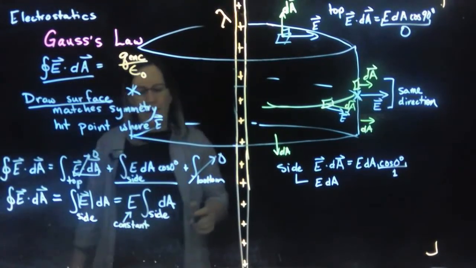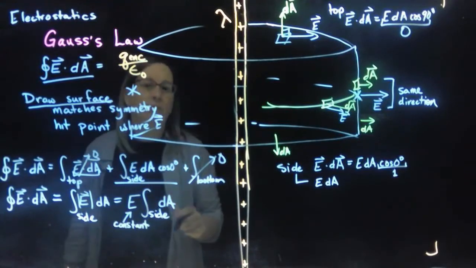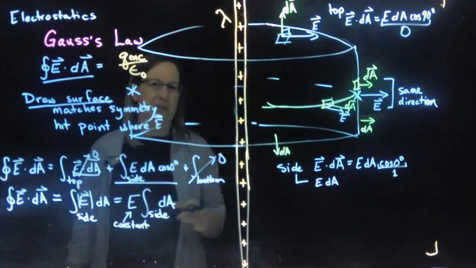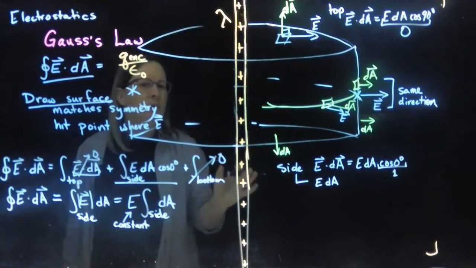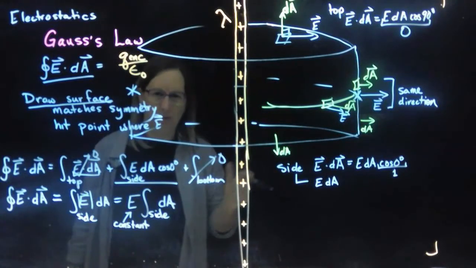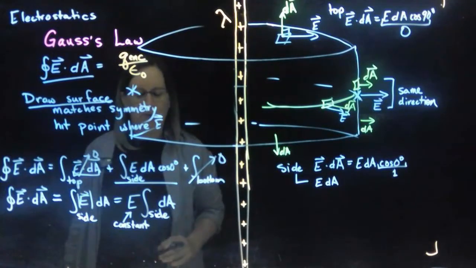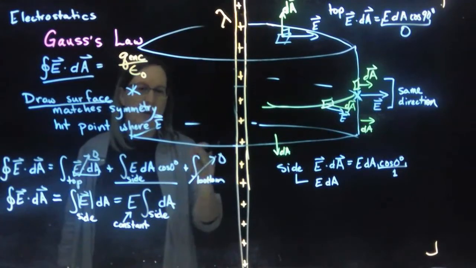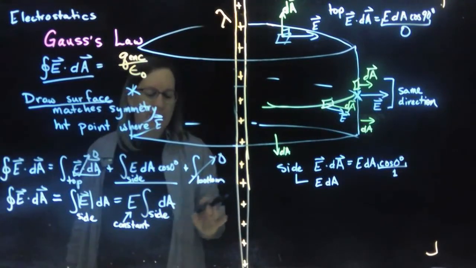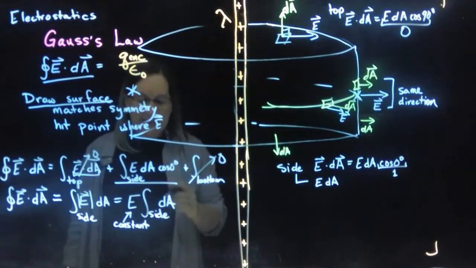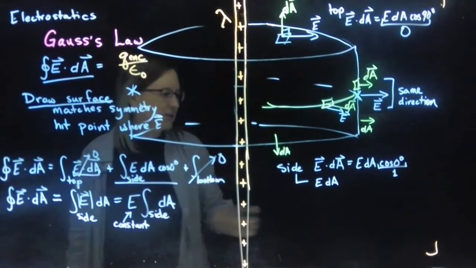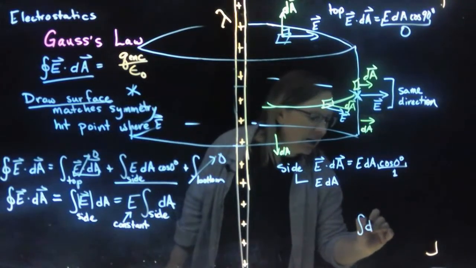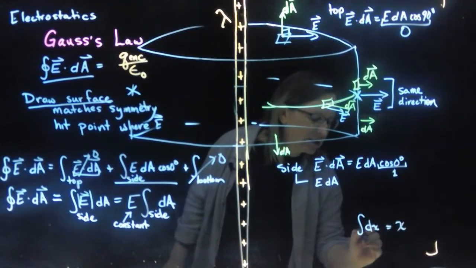Okay, now we have an integral to do. And you're like, I've never taken an integral of an area. Well, actually, that may not be the case. If you've had a little more than Calc 2, you may have done this. But the integral of just dy, if we call it a variable, is just the value itself. Integral dx is equal to x.